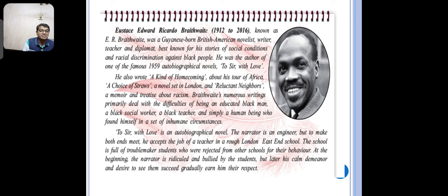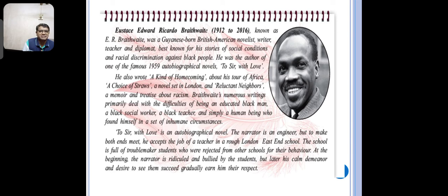So we are really fortunate that we studied this particular novel, published in 1959, which is basically an autobiographical novel of E.R. Braithwaite. He also wrote a kind of homecoming about his tour of Africa, A Choice of Straws, a novel set in London, and Reclaimed Neighbors, Memora, and a treatise about racism.